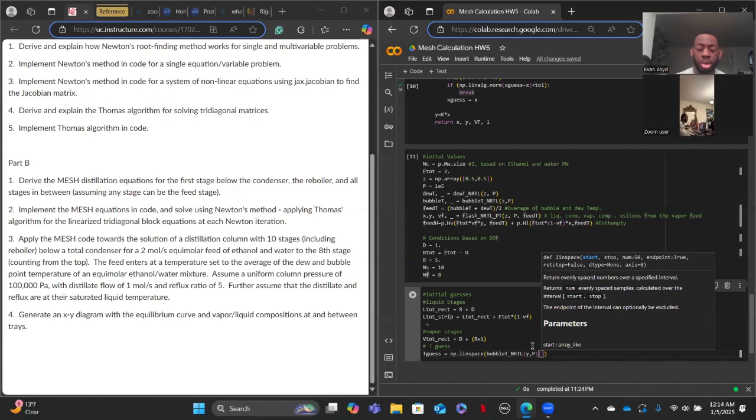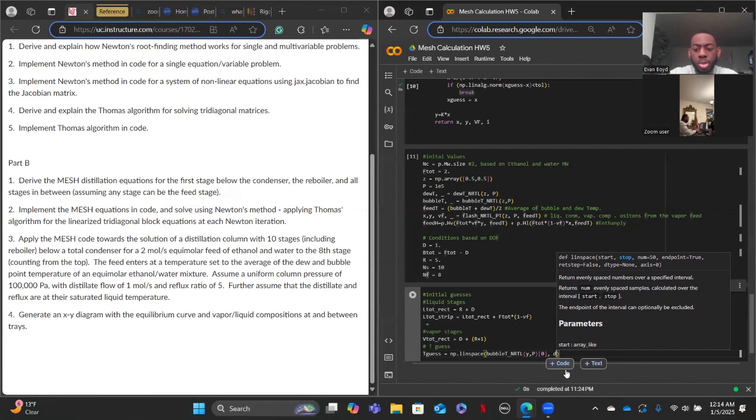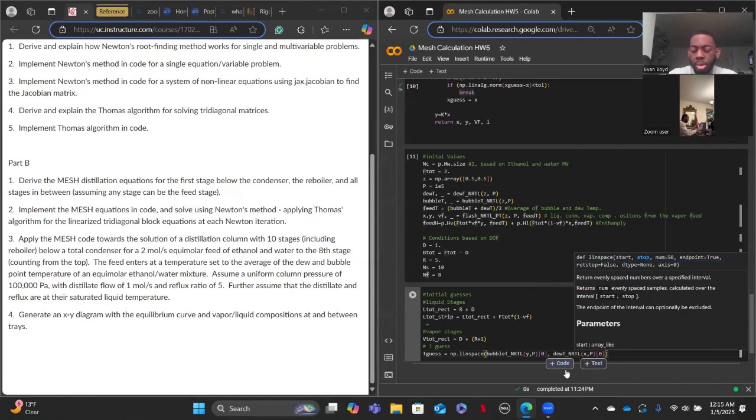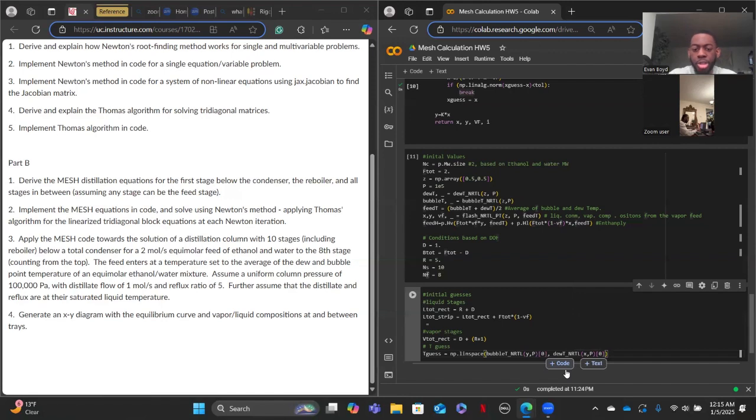So it returns two numbers, and we'll be pulling only the first value, which is our temperature. And we'll also do the dew temperature, dew T at NRTL, with respect to X and also our pressure again, pulling our first value as well. Okay. This is our T gas.